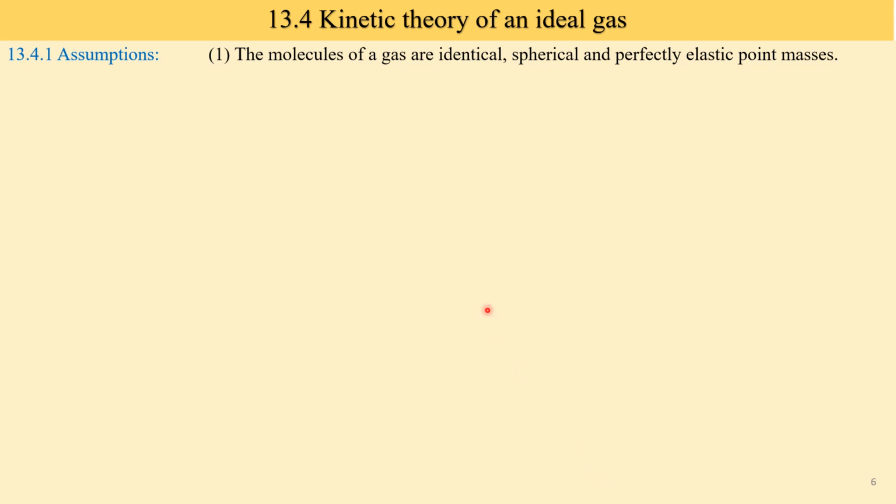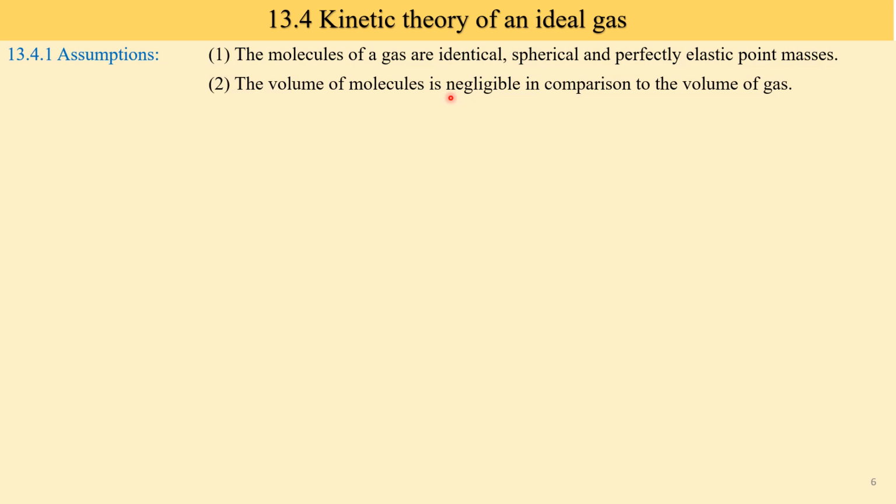The first assumption is that the molecules of a gas are identical, spherical, and perfectly elastic. Elastic means when they hit the walls of the container, they come back with the same velocity, using Newton's law. The volume of molecules is negligible in comparison to the volume of the gas. Molecules of a gas move randomly in all directions.